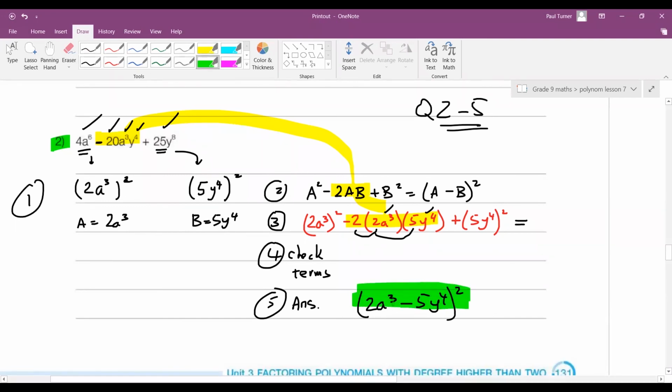So there's quite a bit of work in there to do, but I recommend to do that so you get to understand the steps better, and especially the checking. Because if that number is not minus 20, a^3 y^4, you cannot do this last step. So it must be the same. That's question 2.